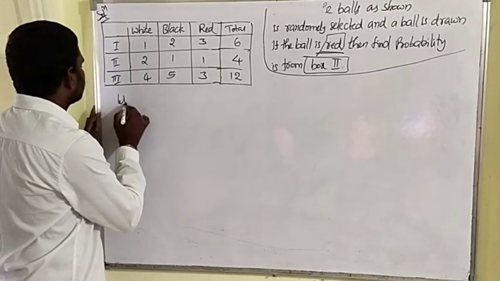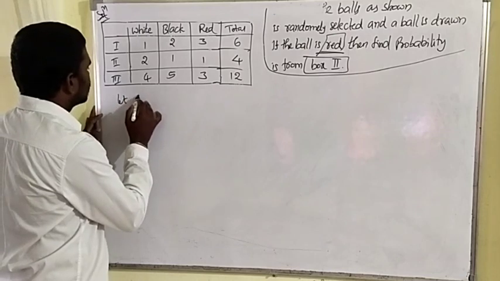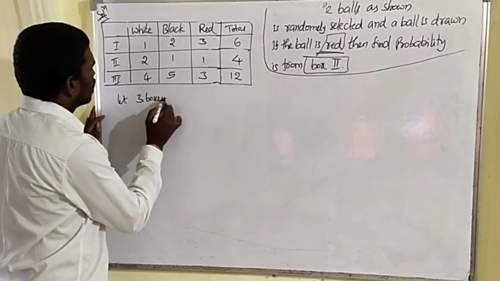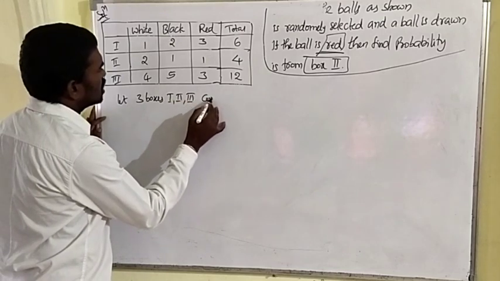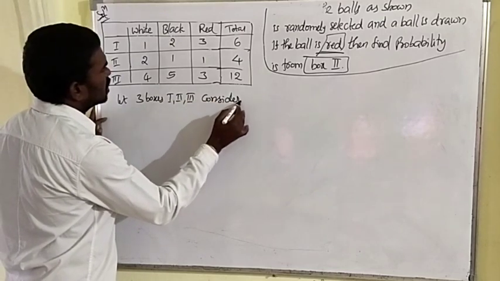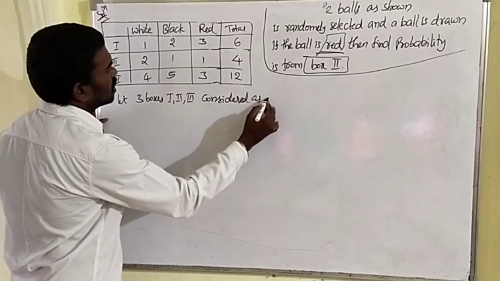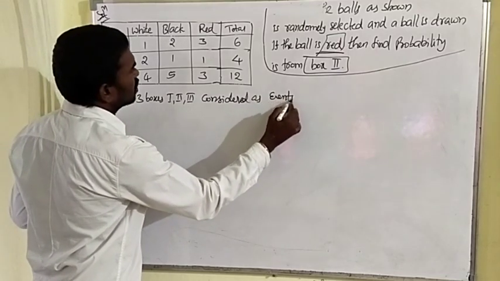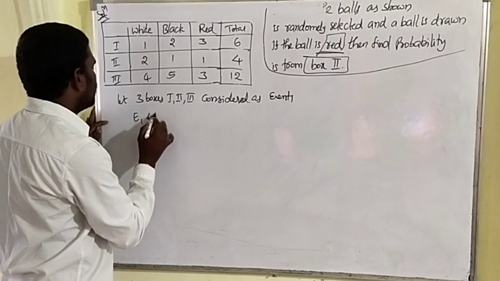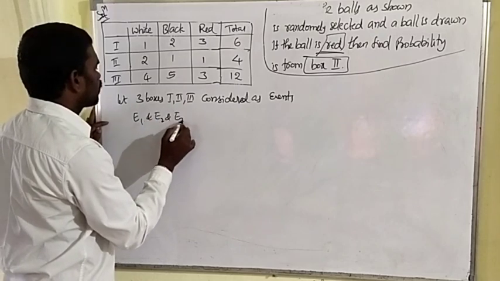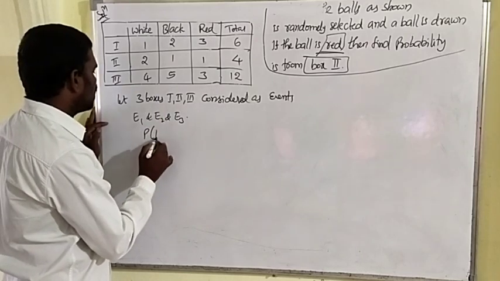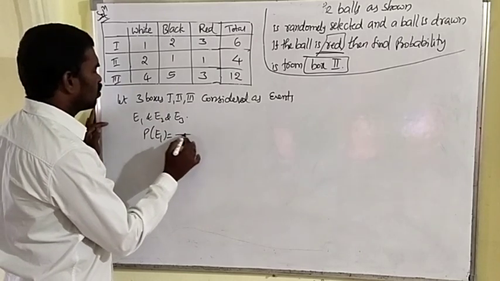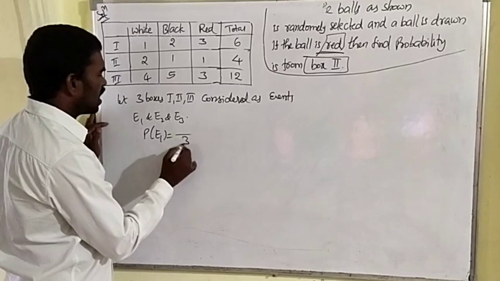So let the 3 boxes 1, 2, 3 be considered as events E1, E2 and E3. Okay, there are only 3 events. Then the probability of each event, totally there are 3 events, so 1 by 3.